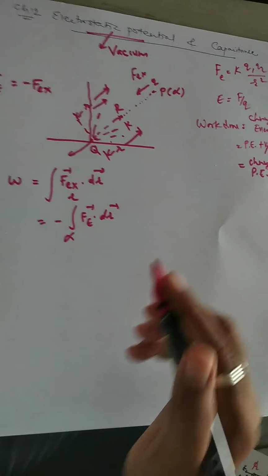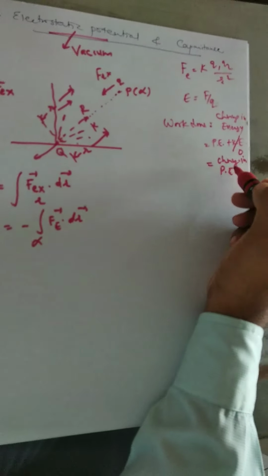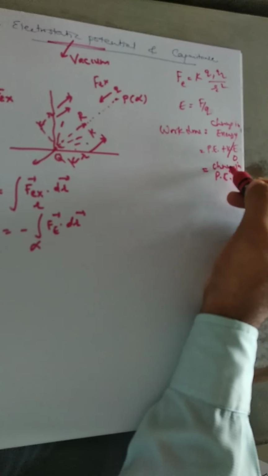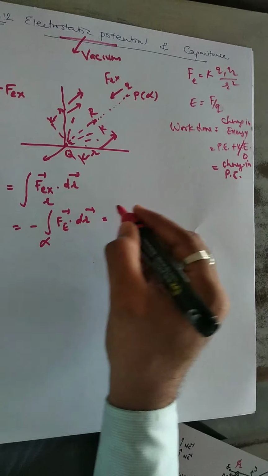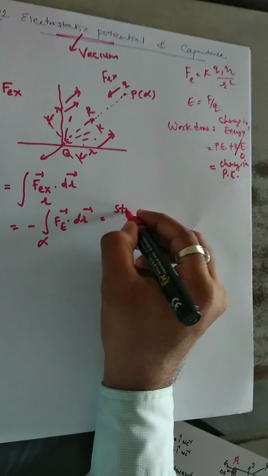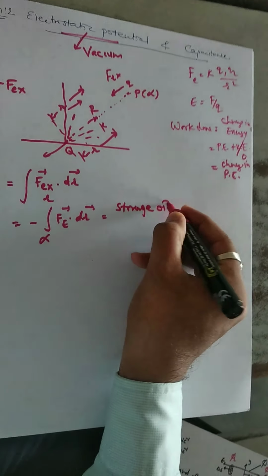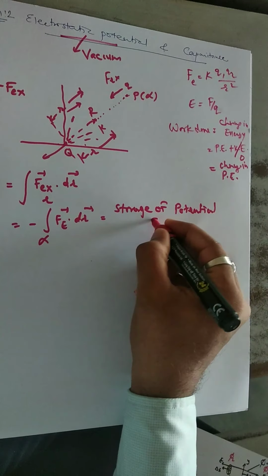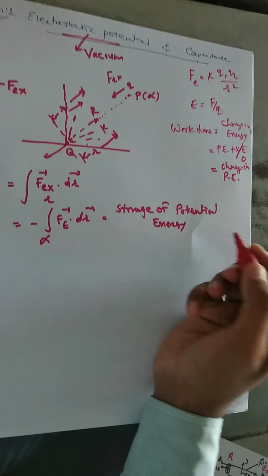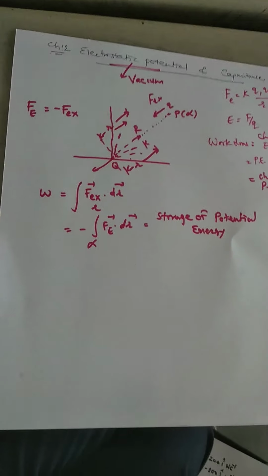And this work done, as I have discussed, is converted into the change in potential energy. So I can say this work done is utilized for storage of potential energy. Okay, so I hope up to this it is clear to you.